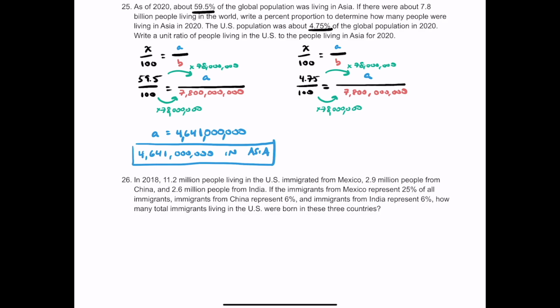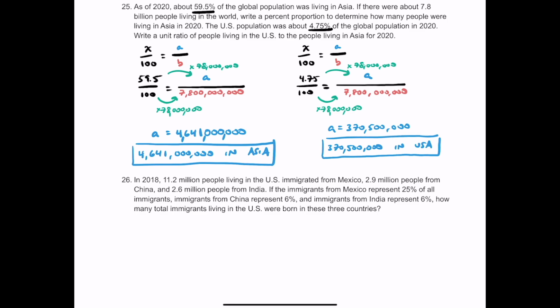I think I'm getting a value here of A is equal to 370,500,000. So this is going to be 370,500,000. Man, I'm off with my zeros. This is in the US. This might be North America, but I think this is what we're looking for.